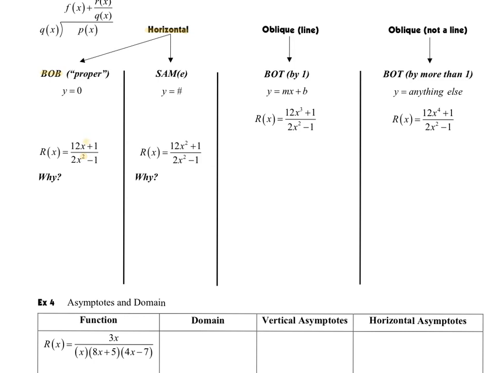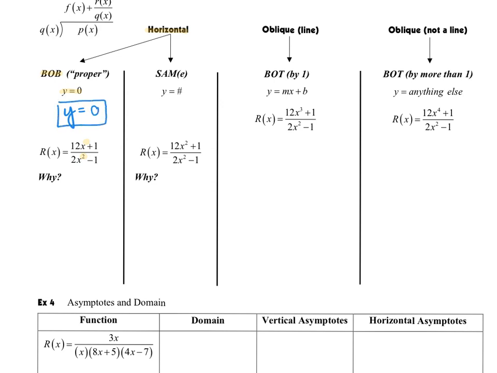When you have a BOB, the horizontal asymptote will automatically be y equals 0. No work will be necessary at all. If you see you have a BOB, you automatically tell me the horizontal asymptote is y equals 0.